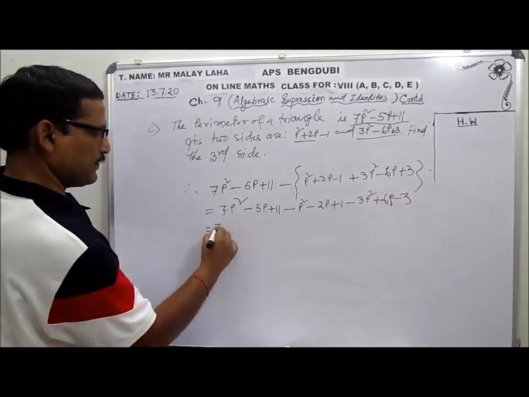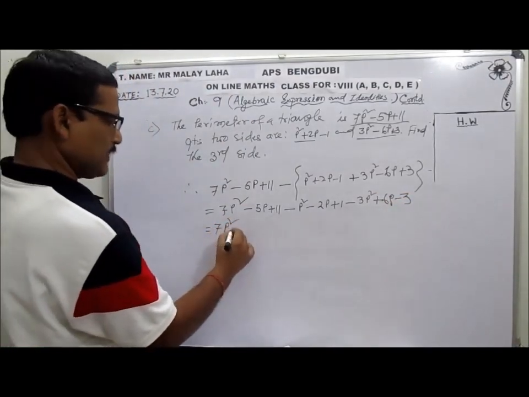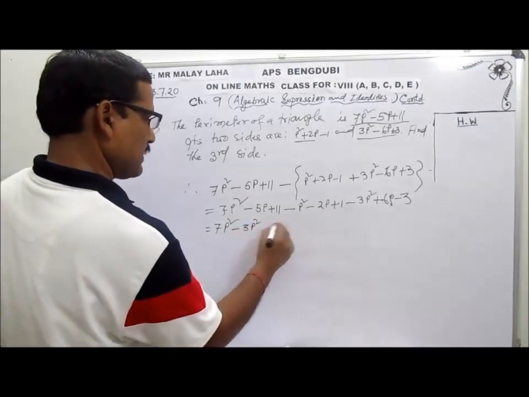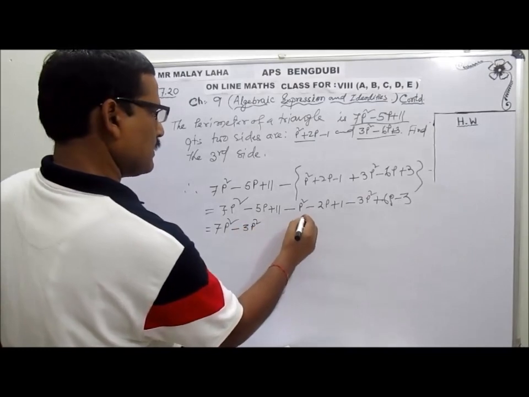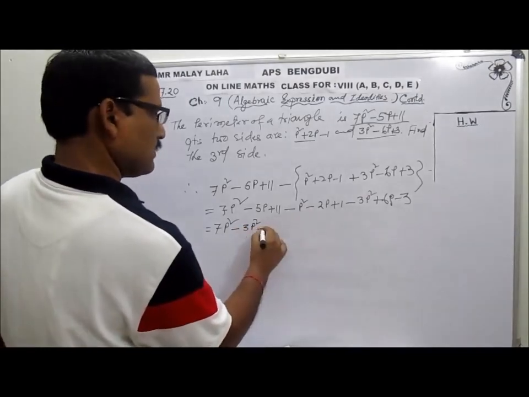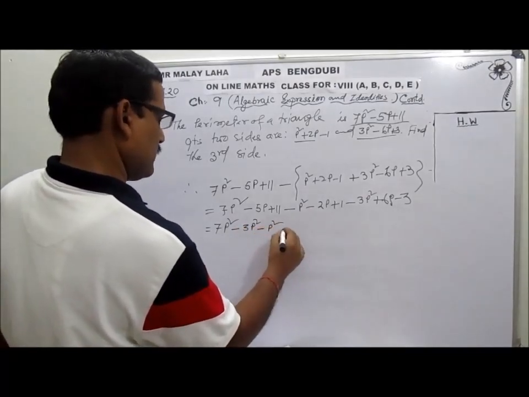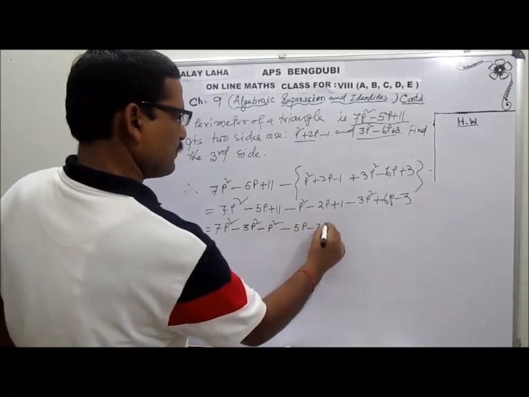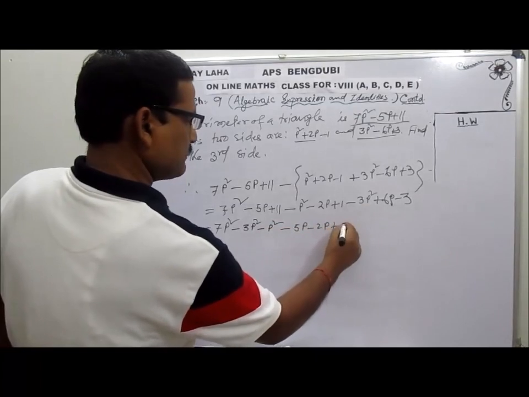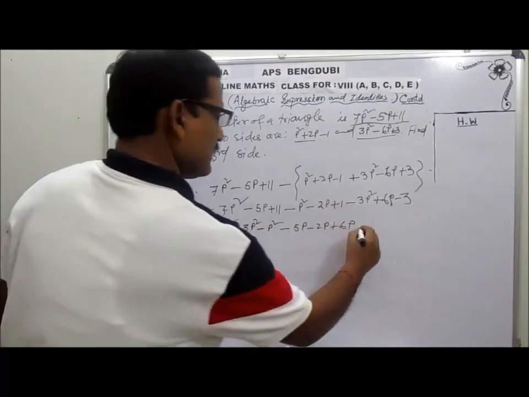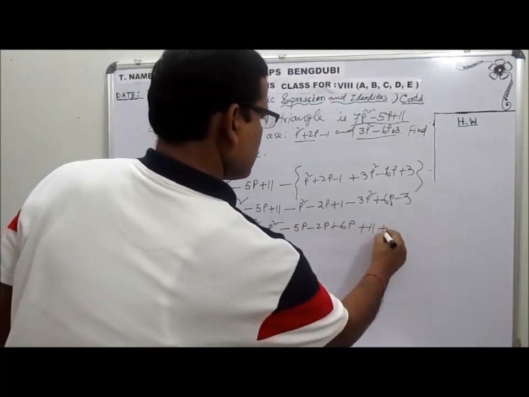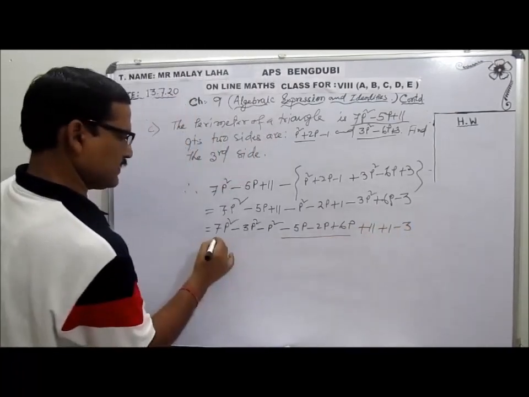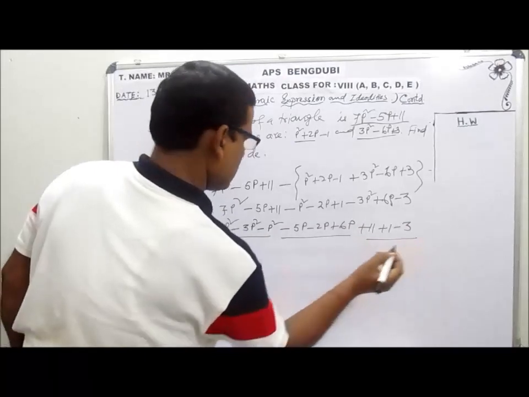Okay, 7p square minus 3p square, then one more p square and minus p square, and minus 5p minus 2p plus 6p, plus 11 plus 1 minus 3. What is the result up to this much, and what is the result of this?